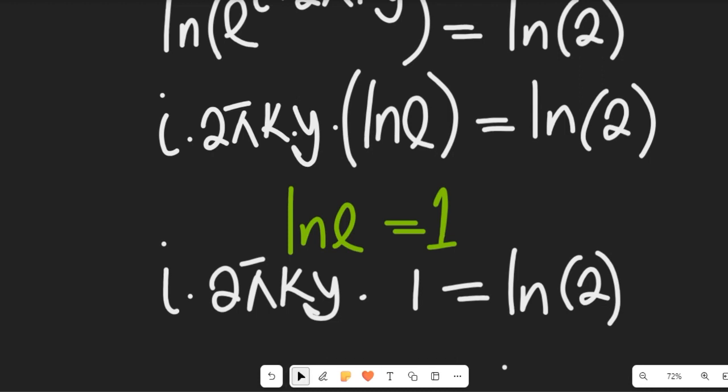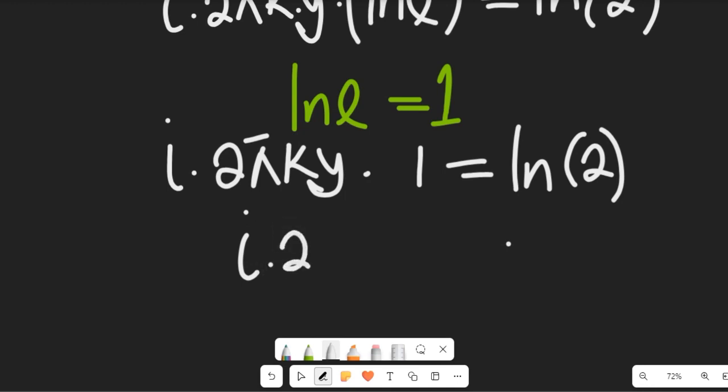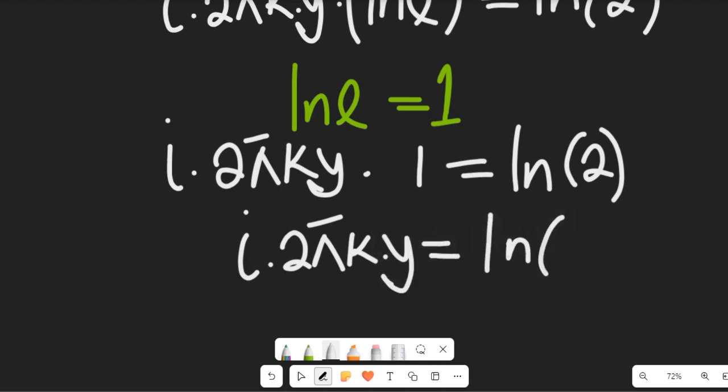Good. So if we simplify that, we are simply going to have this to become i multiplied by 2 pi k multiplied by y to be equal to the natural log of 2.